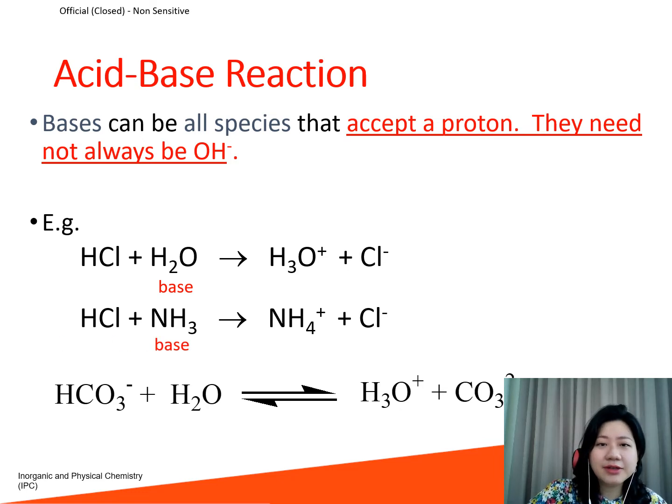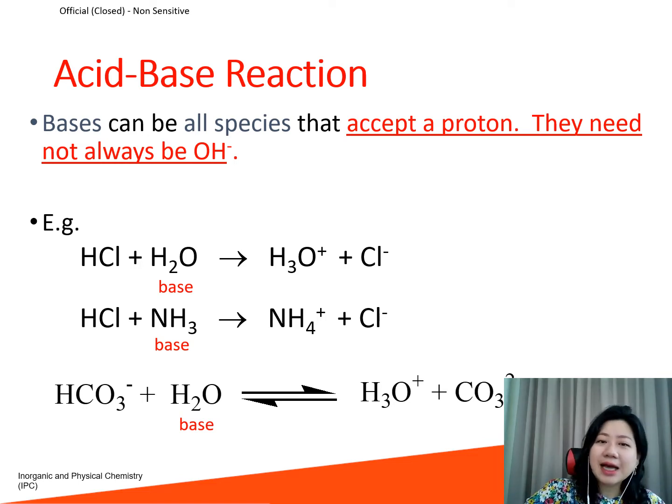When HCl reacts with NH3, NH3 acts as a base because it accepts a proton from HCl to form NH4+. And when the bicarbonate ion reacts with H2O, H2O acts as a base because it accepts a proton to form H3O+.